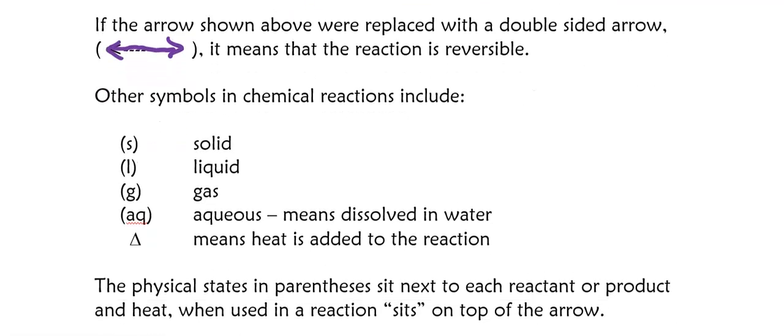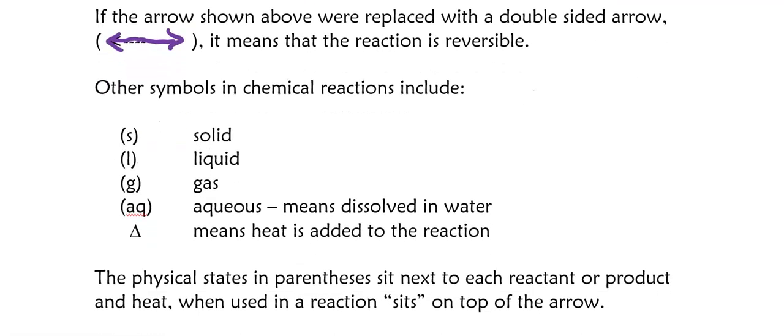Other symbols that you're going to encounter: a little (s) is solid, a little (l) is liquid, a little (g) in parentheses means gas, and aqueous is (aq) in parentheses. It means dissolved in water. And then the symbol delta means heat is added to the reaction.